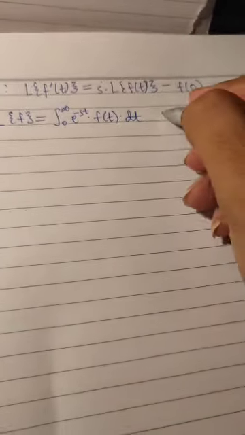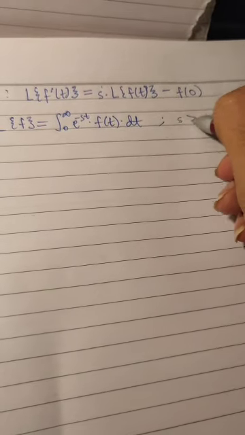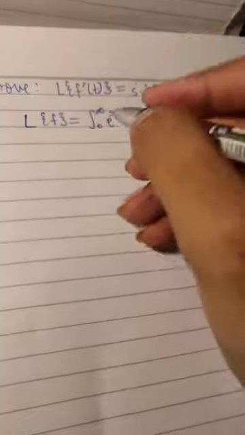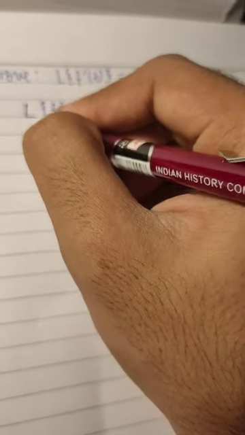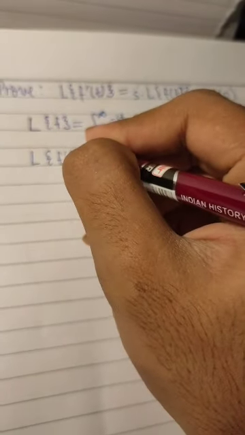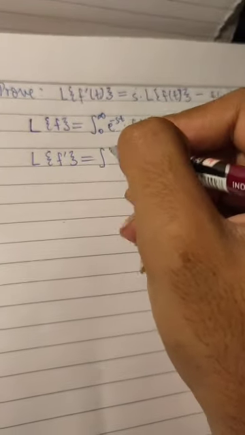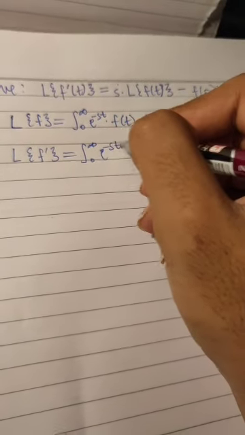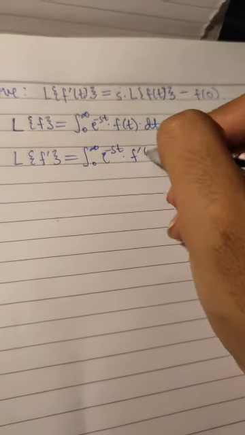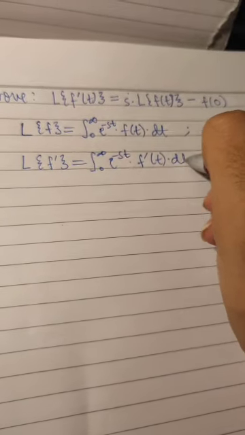So this is what a Laplace transform is, and of course we have the constraint that s is greater than 0. Since we are using a derivative here, we have f dash t instead of f of t.